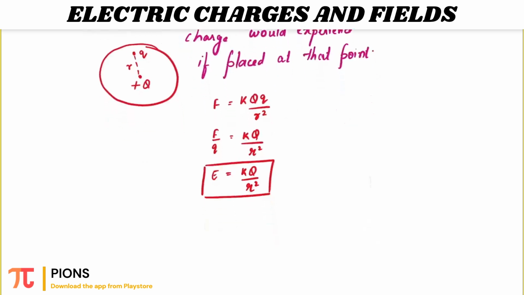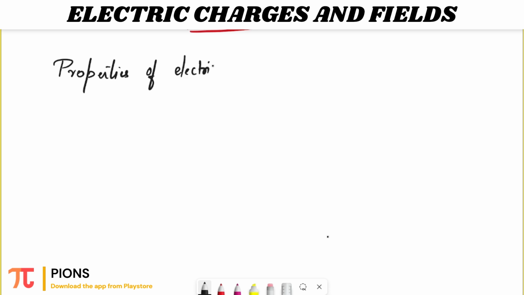Let's move to the properties of electric field. So let me write some properties of electric field, then we will see how we can represent them geometrically. Okay. So let's write here properties of electric field. Very important for problems.